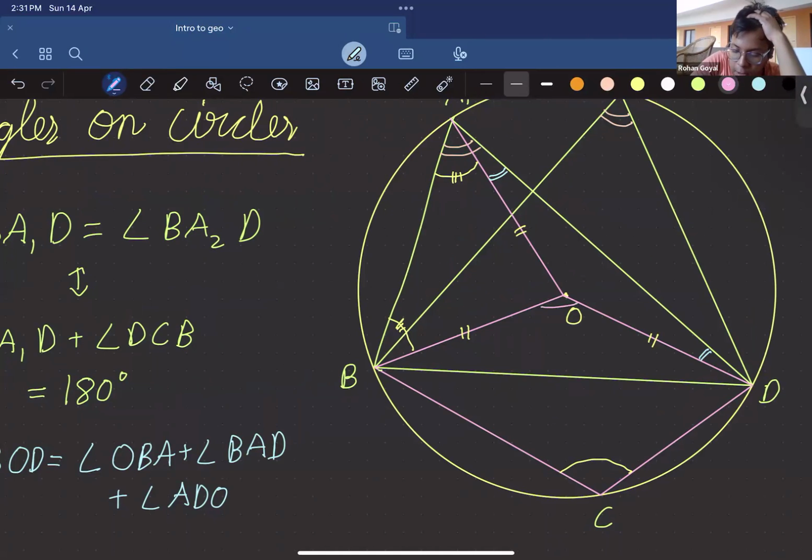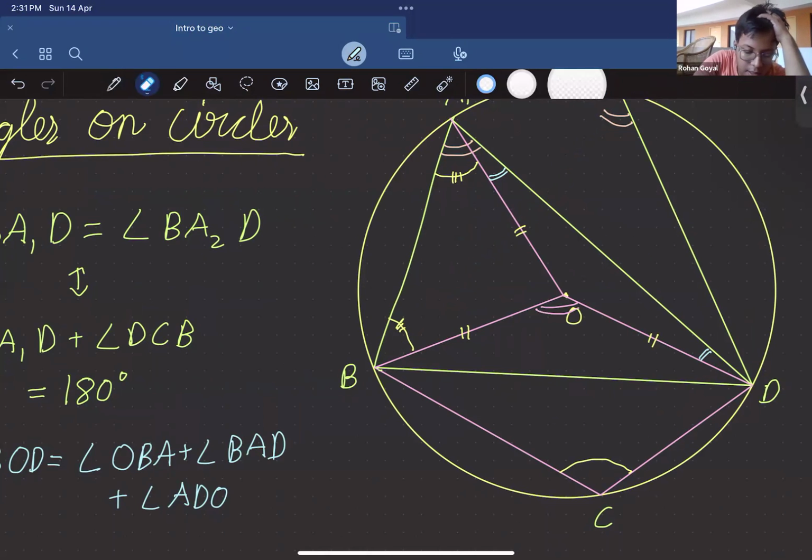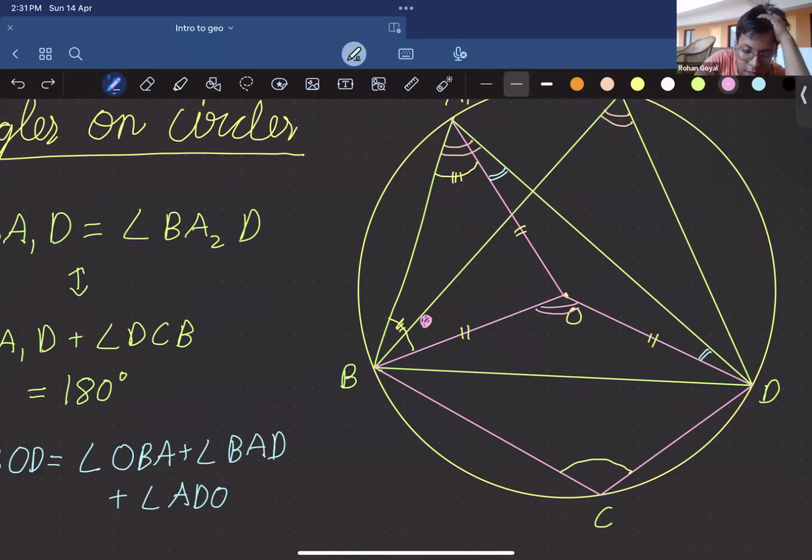The angle here is the sum of this angle plus this angle plus this angle. Does that make sense?